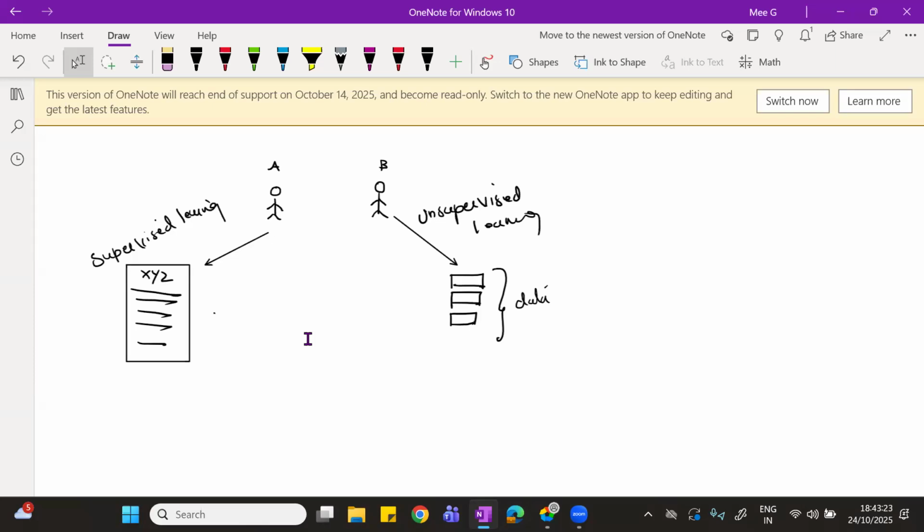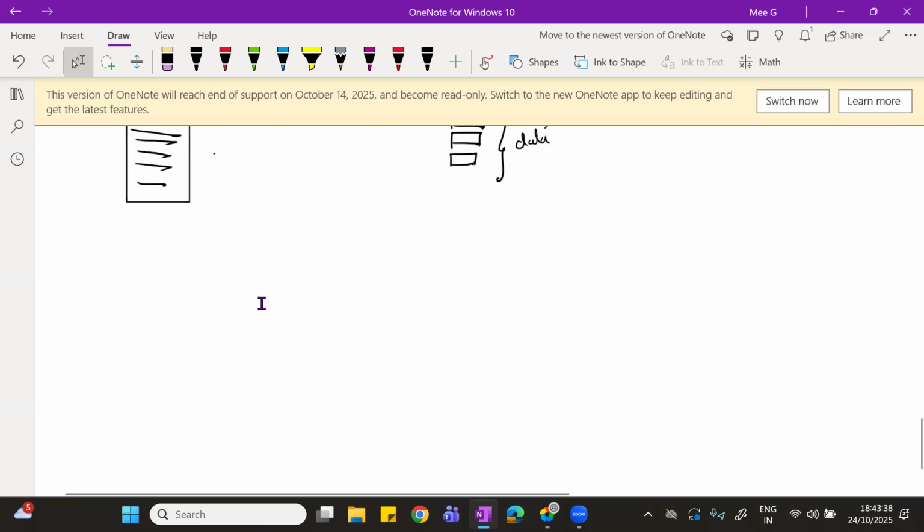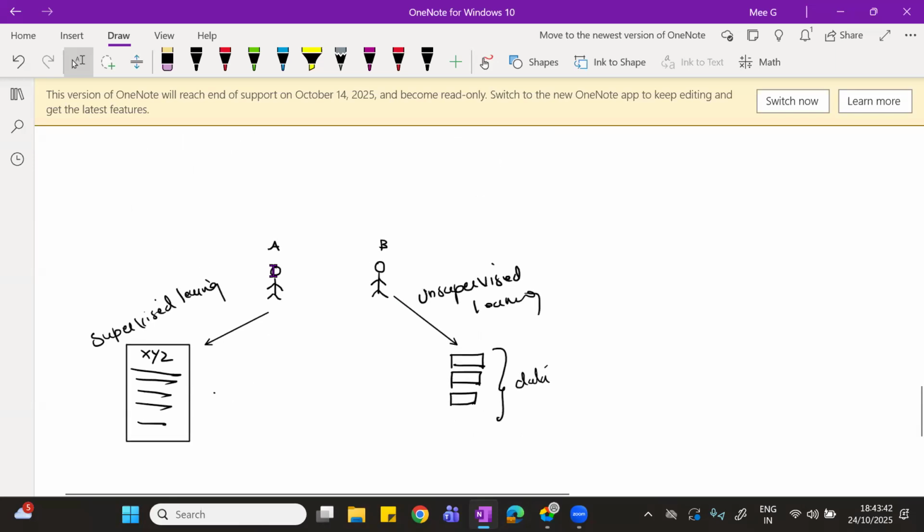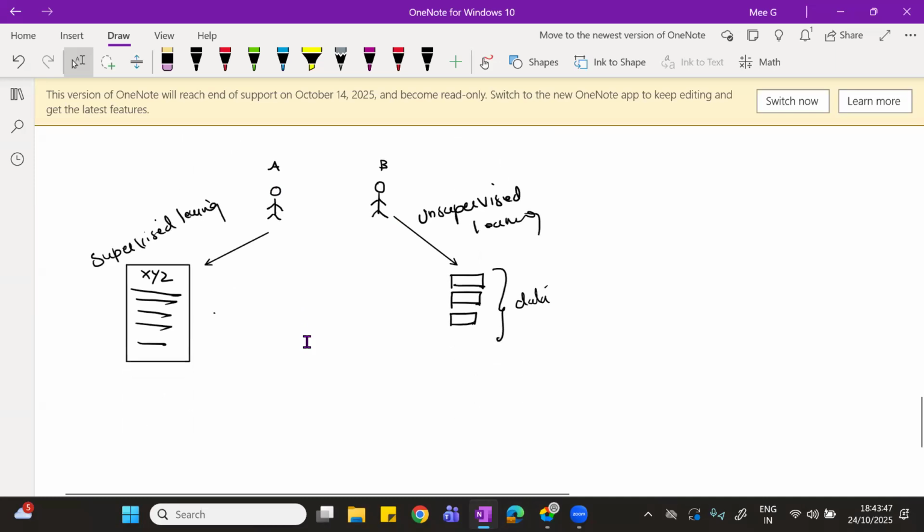So in that case, you will train your model in such a way that it learns by itself and gets the intelligence there. That is what is called reinforcement learning. This is the futuristic stuff, guys. You will see a lot of things happening in this.